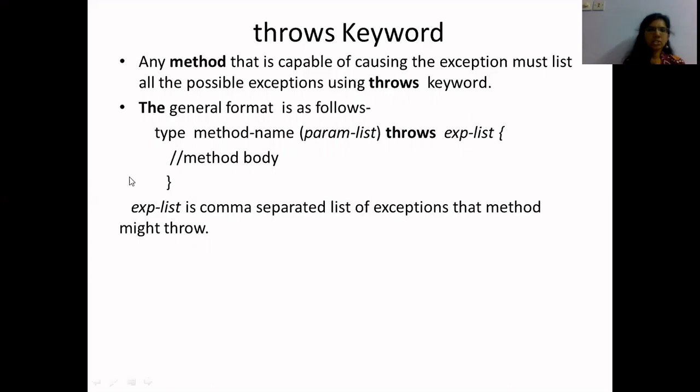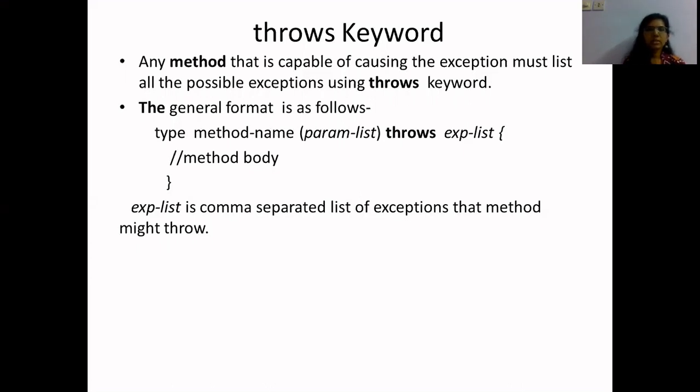This is the general format of the throws keyword: the type, method name, parameter list, which is the method signature, followed by the throws keyword, and this throws keyword is followed by the exception list. That is, the list of exceptions that are possibly thrown by the method.